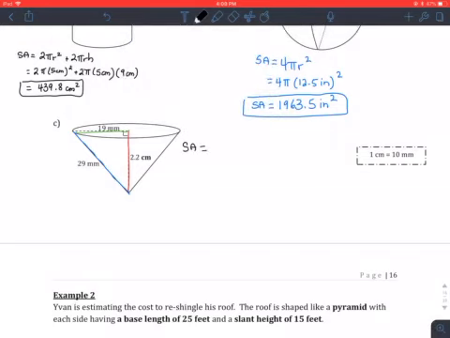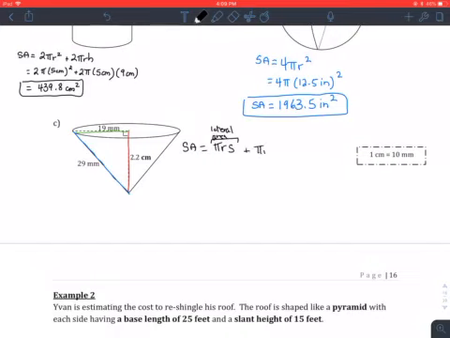Now this is sometimes called the lateral area. If you think about it like an ice cream cone, that would be the area of the outside of your cone. And we have to add to that the area of the circle that's on top, and that's going to be pi r squared.